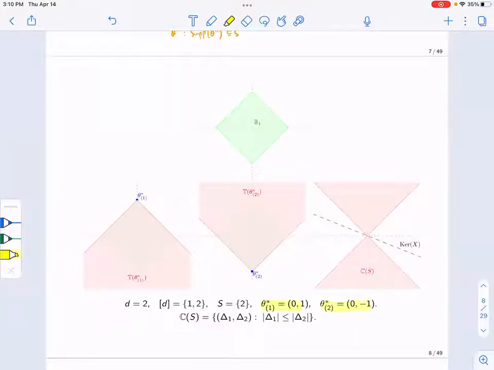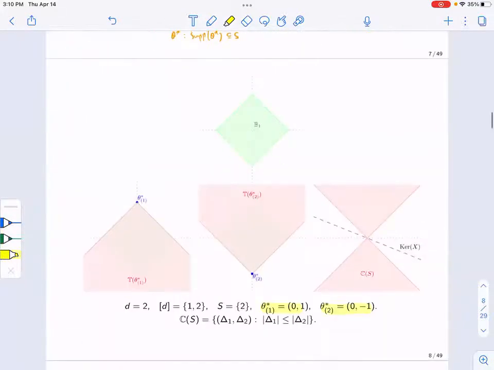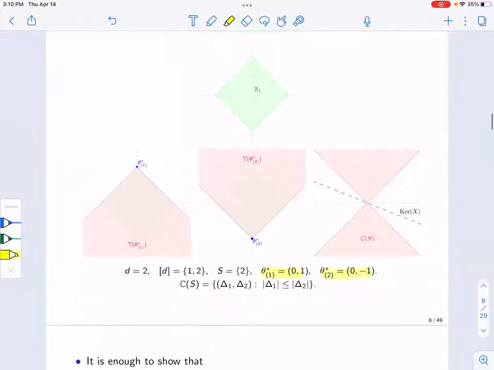So I want all the theta stars that are supported on S. So basically anything on this line would be a theta star that is supported on S.